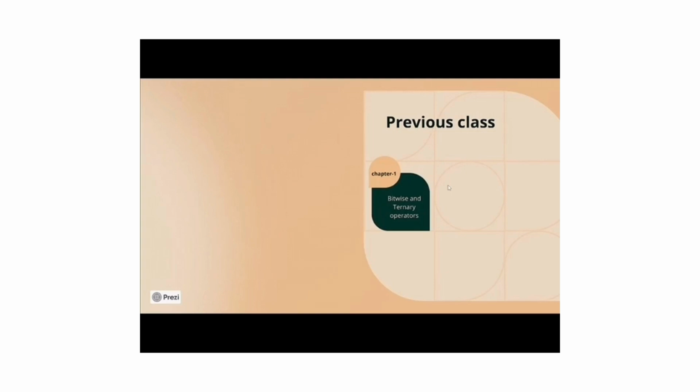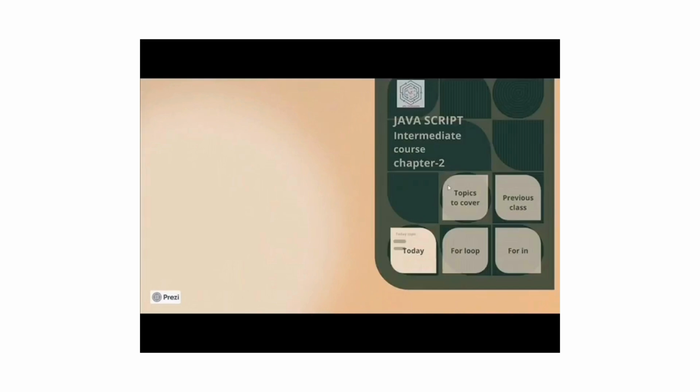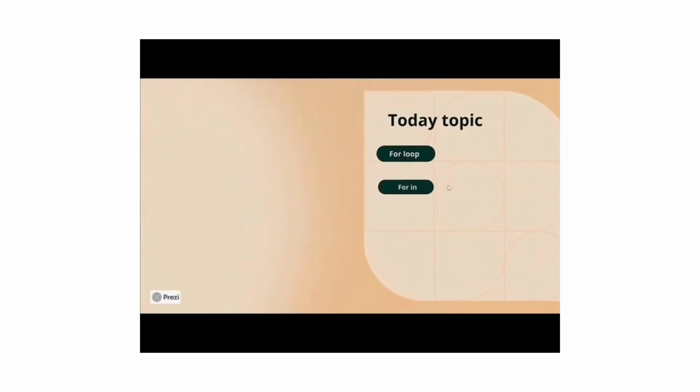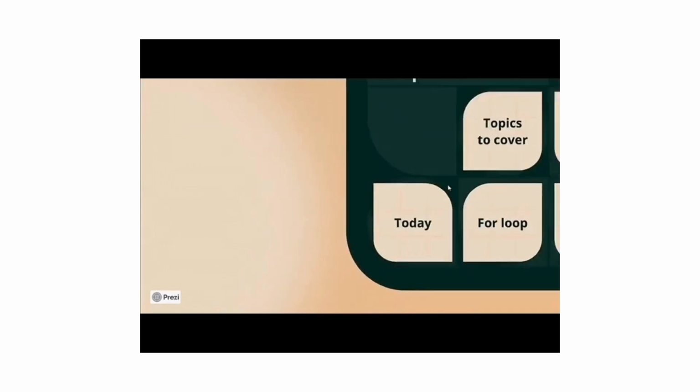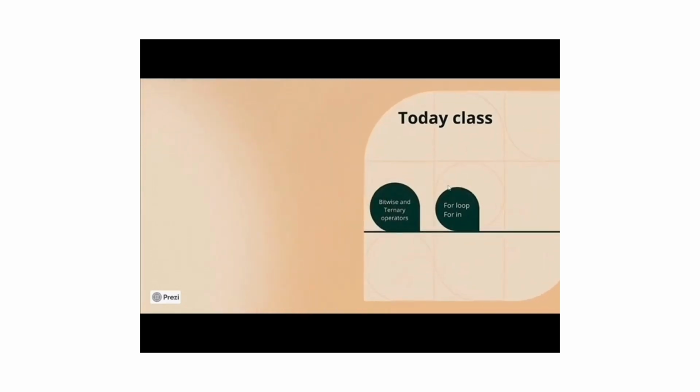In this class we are going to see the for loop and the for in loop. Previously I said that in chapter 2 we would discuss the for loop, for in loop, for of loop and for each loop also.